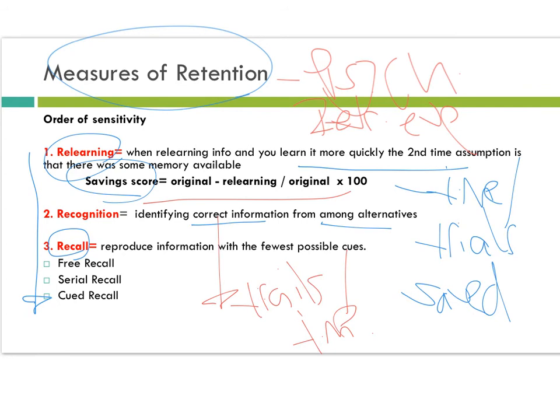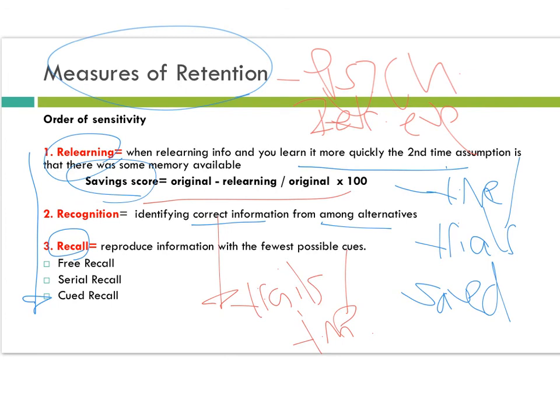Recognition is identifying the correct information from among alternatives. Really good examples of this are things like multiple choice. They are things like when you identify someone who committed a crime from a lineup, or if you are identifying your classmates from a school photo. All of that is recognition.